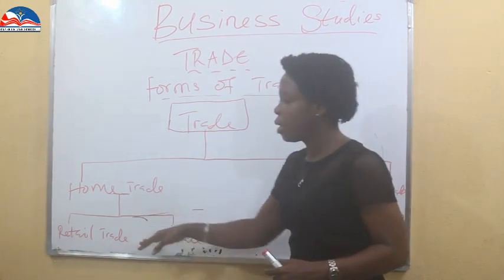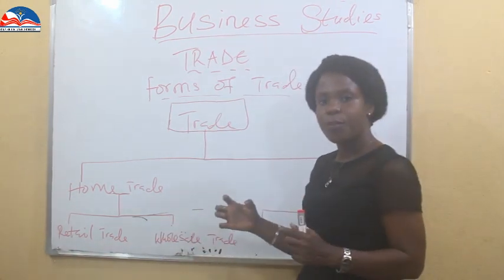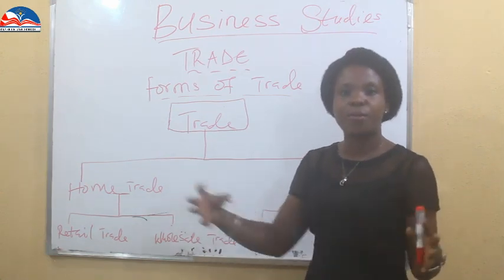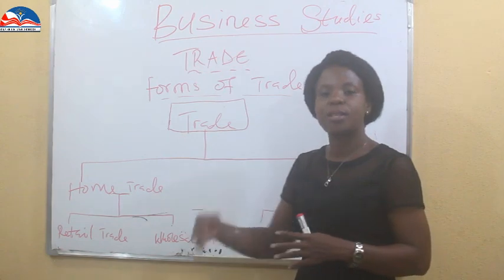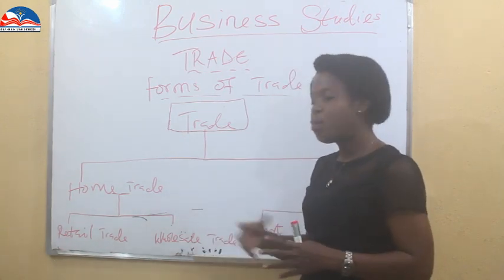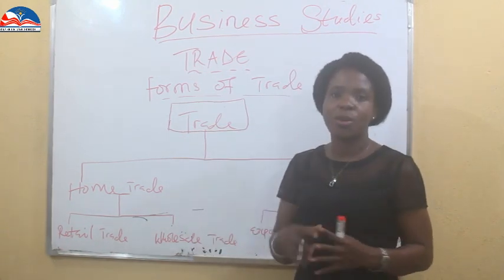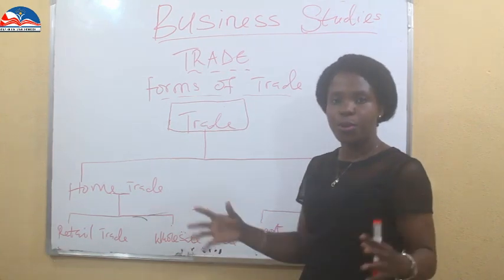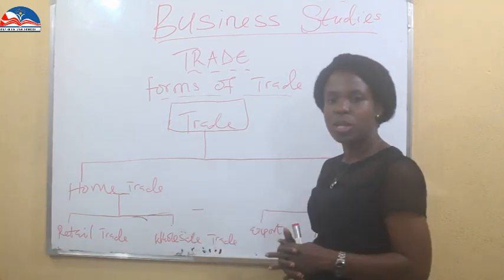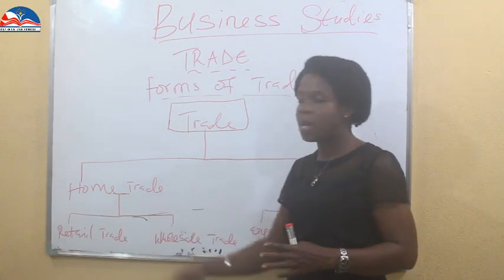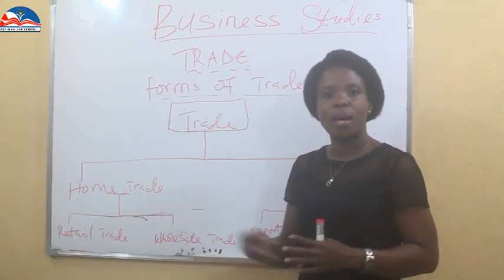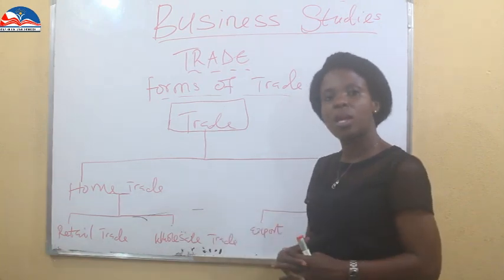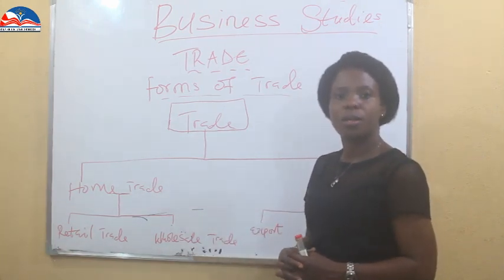Then the retailers are small sellers that buy different wares, different products, different goods, and stock in their shop and sell to final consumers. Most times, a wholesaler buys a particular product from a producer and sells to the retailer. And most times, retailers buy a variety of products, stock them in their shop, and sell them in small quantity to final consumers.